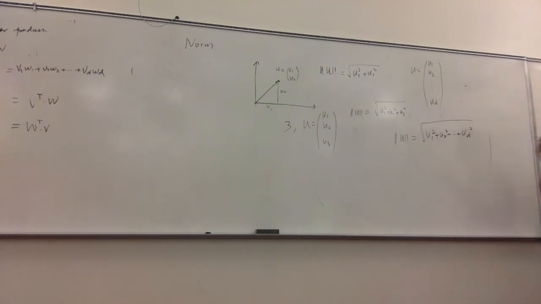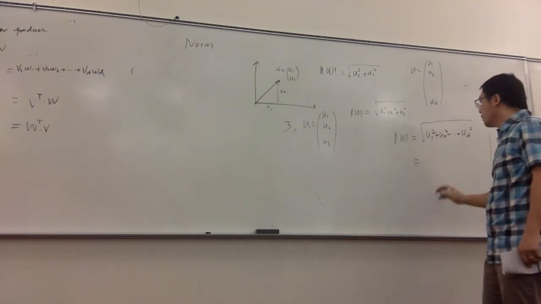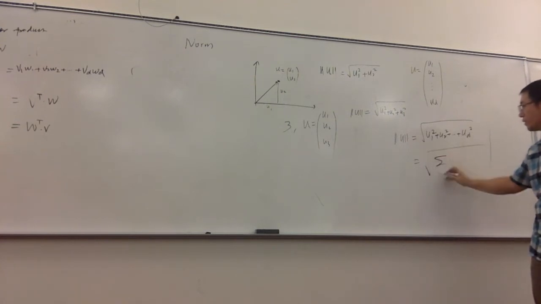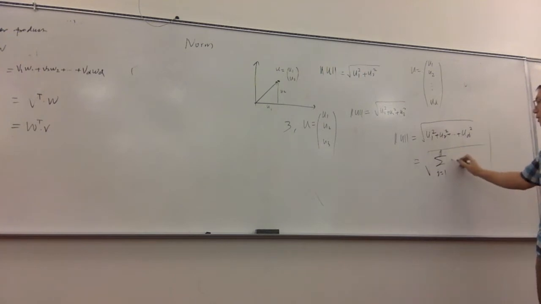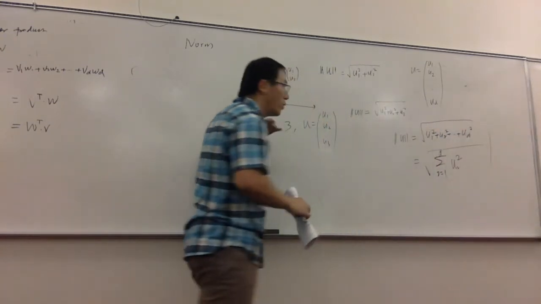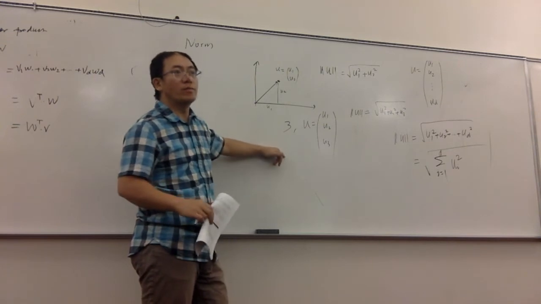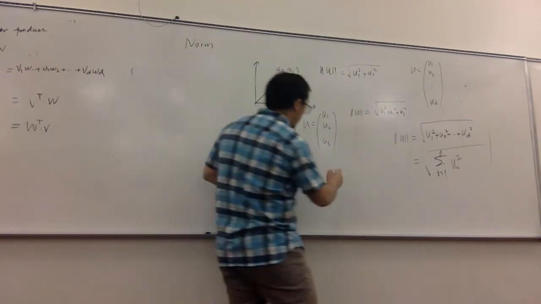It's a very intuitive concept of distance, and if you write it down in a succinct form, it is the square root of the summation, i from 1 to dimension d, of ui squared. This is a special norm for the vector. It's called the Euclidean norm, or L2 norm.